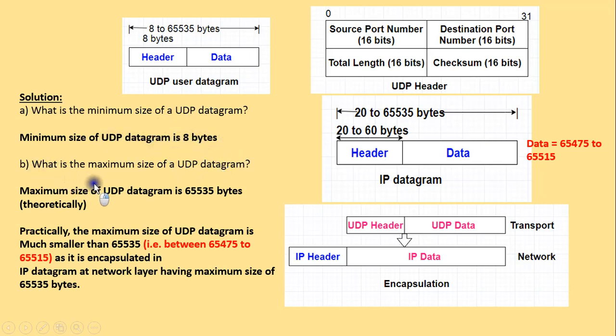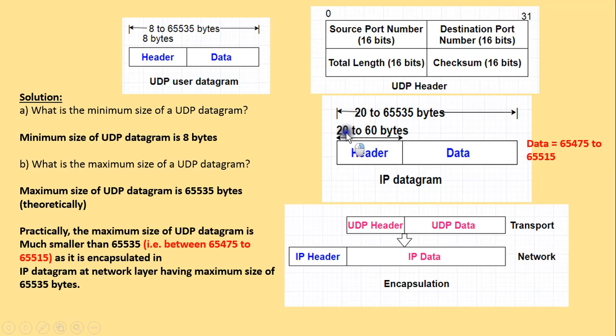Next question is, what is maximum size of a UDP datagram? Now maximum size of UDP datagram theoretically is 65535 bytes. Just we have discussed this. But practically the maximum size of UDP datagram is much smaller than this, because this UDP datagram is encapsulated in IP datagram, and IP data should have the length between 65475 bytes to 65515 bytes, because the header of IP is varying between 20 to 60 bytes.